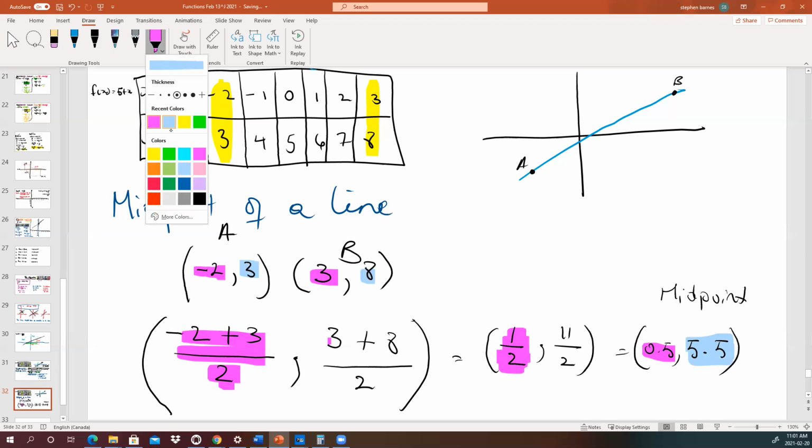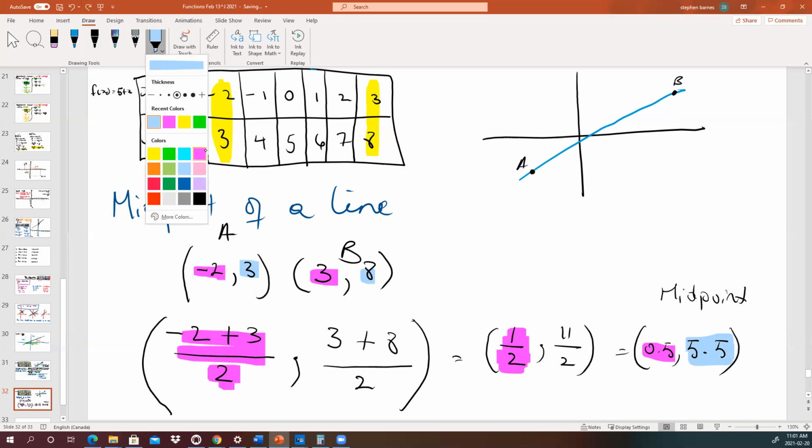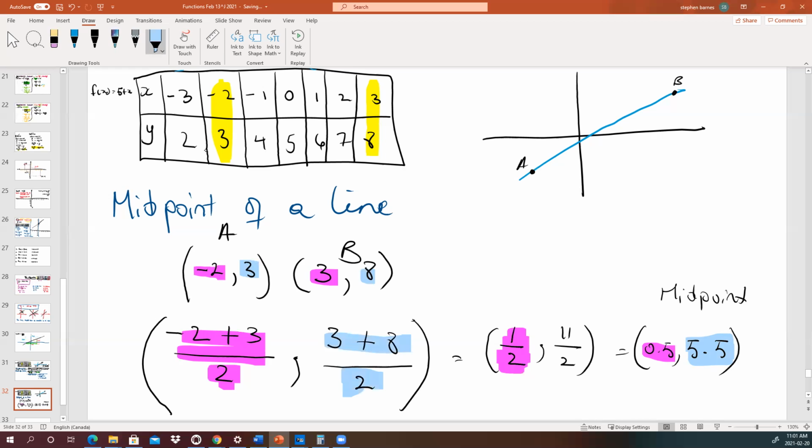And this was your y that you divided by 2, and you got 11 over 2. So that 0.5 is going to be the x value for your coordinate, and 5.5 would be the y value for your coordinate.